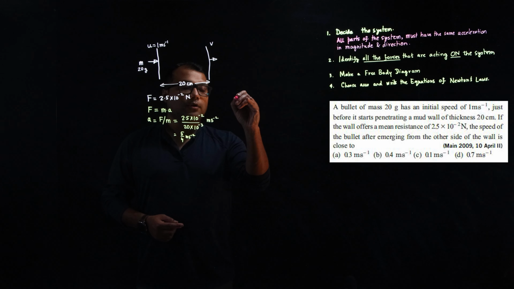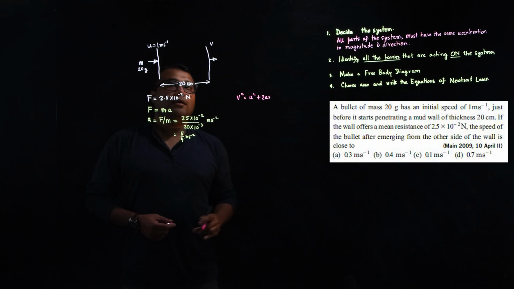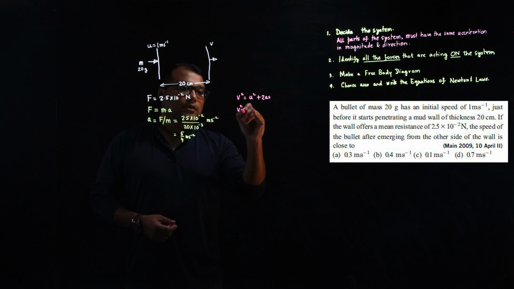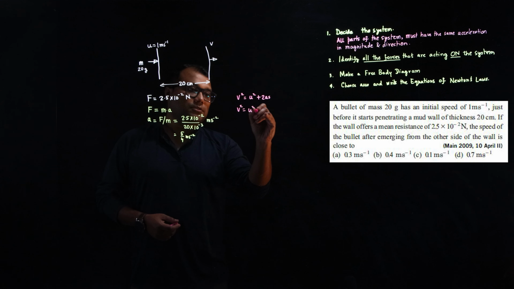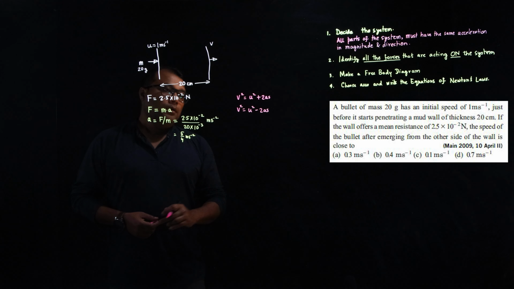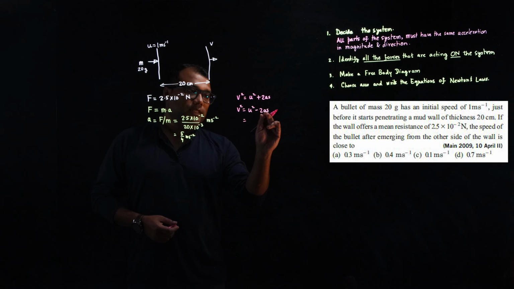This now reduces into a kinematics problem. We can use the formula V square equals U square plus 2AS. Now in this case, V is unknown, so V square, U square is known, okay, and acceleration is negative, so minus 2AS. So we have to find V, and everything else we have.